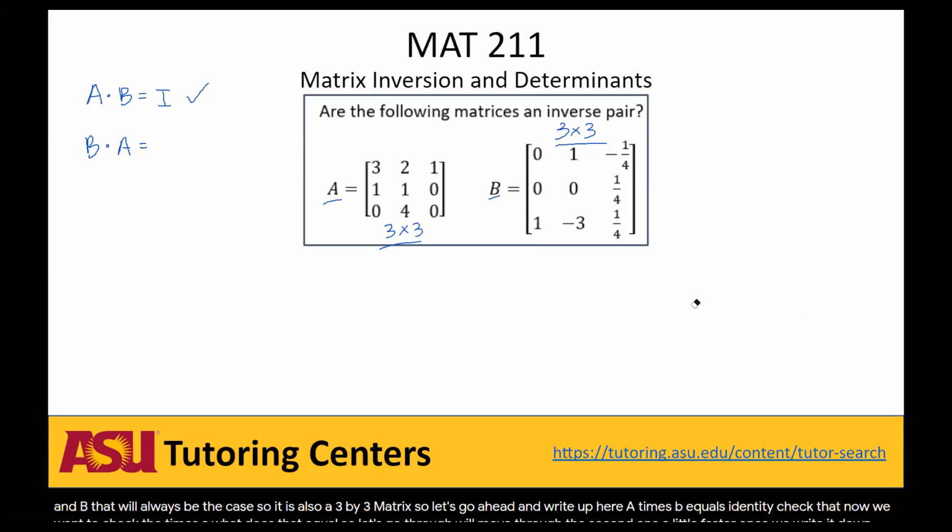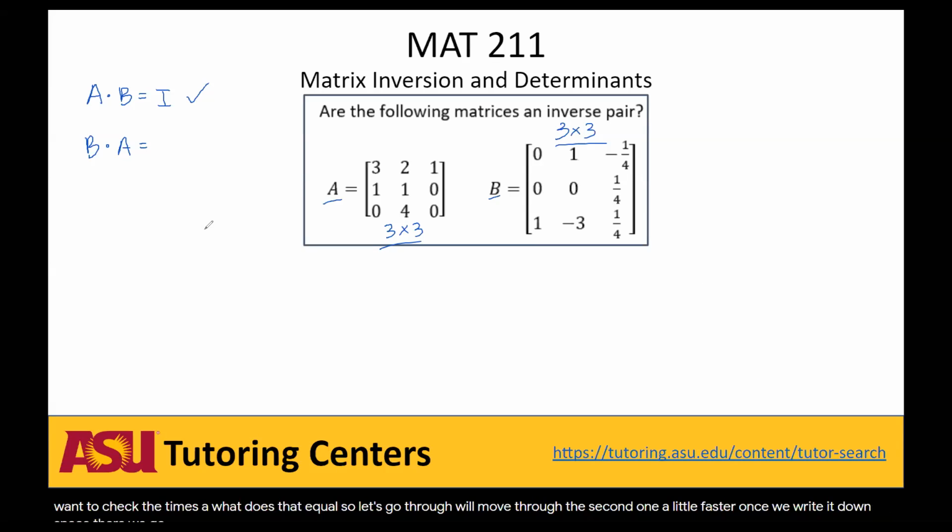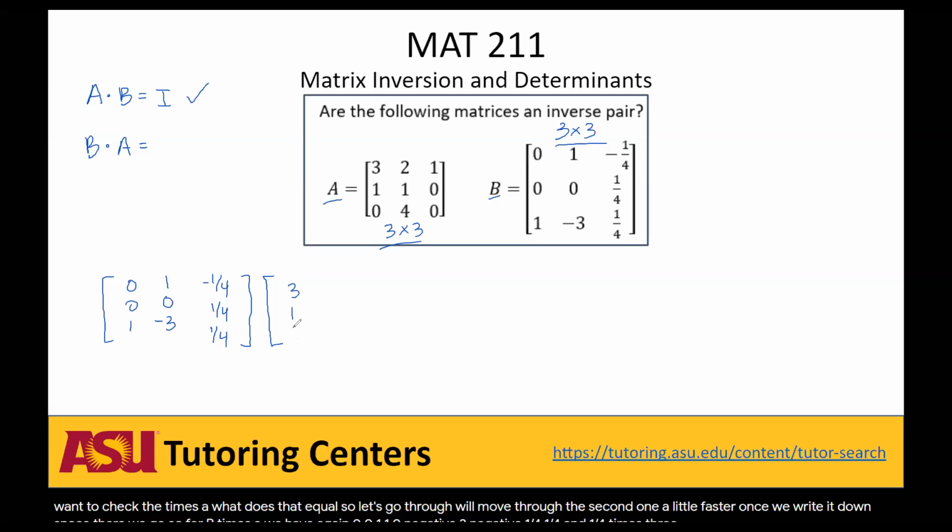First, make some space. There we go. So for B times A, we have, again, 0, 0, 1, 1, 0, negative 3, negative 1/4, 1/4, and 1/4 times 3, 1, 0, 2, 1, 4, and 1, 0, 0 for the last column.